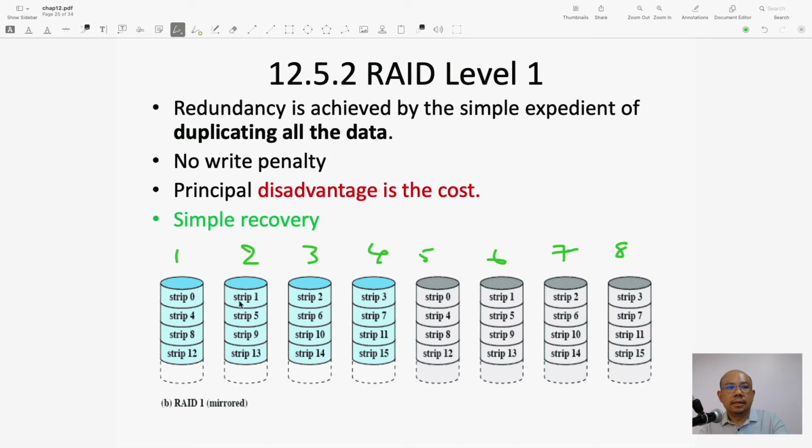Look at this. The data from strip 0 is the same as strip 0 in drive 5. That means drive 1 and drive 5 are the same.